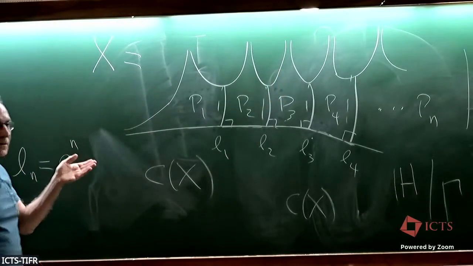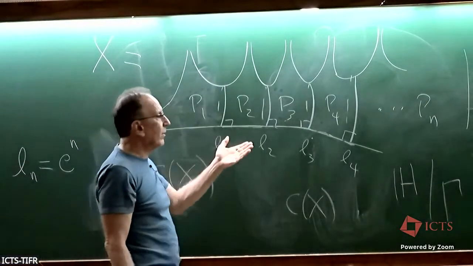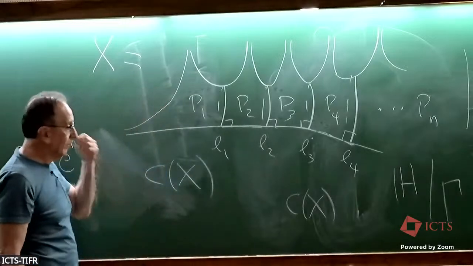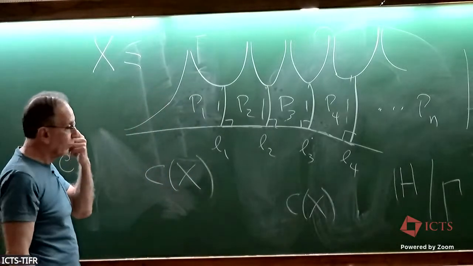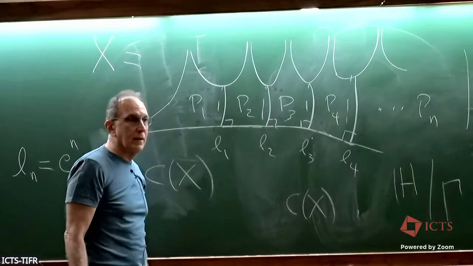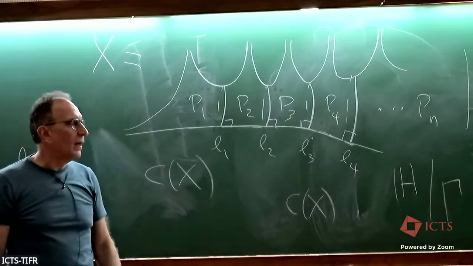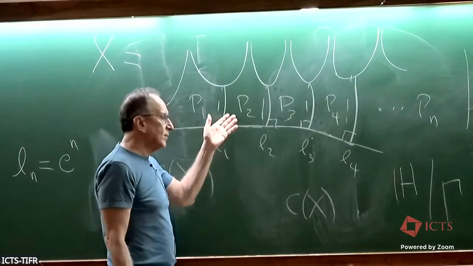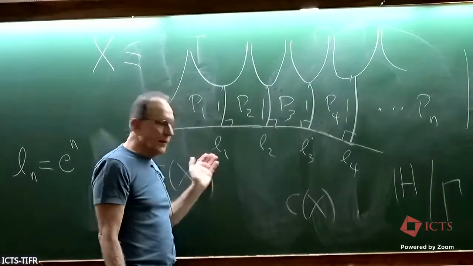And this is one of the things I'll tell you about tomorrow. It's a result with Dragomir Saric, which generalized the result of Matsuzaki, in which, I'll just say it for the pair of pants, give me any sequence of lengths.